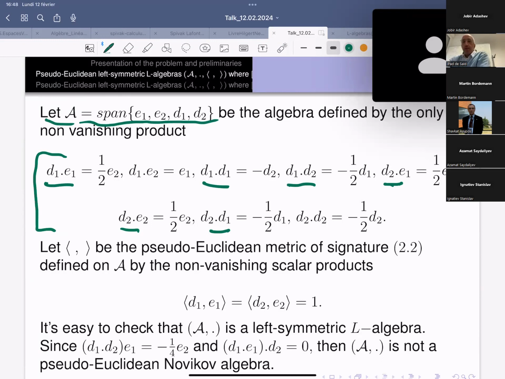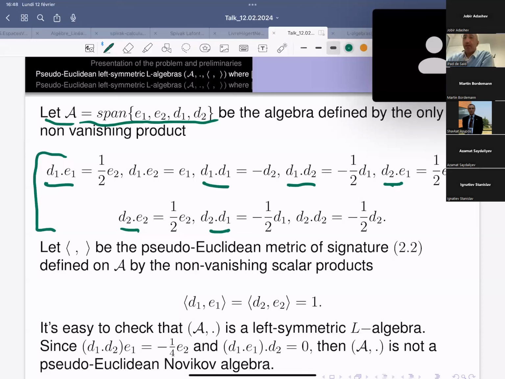By classical calculation, you can prove that this one is a pseudo-Euclidean metric of signature 2, and this Lie algebra is a left symmetric algebra, and sometimes an L algebra.